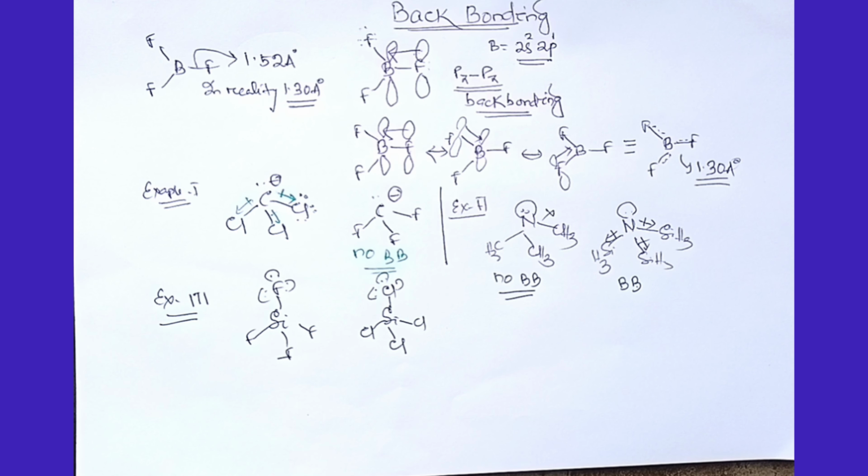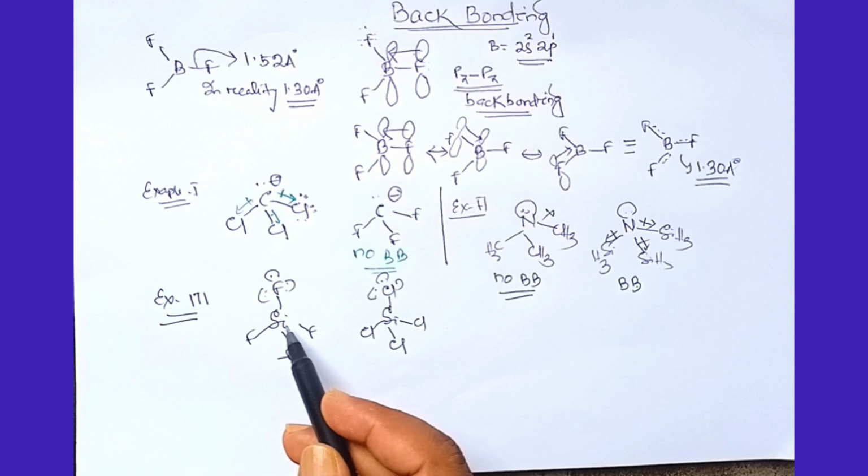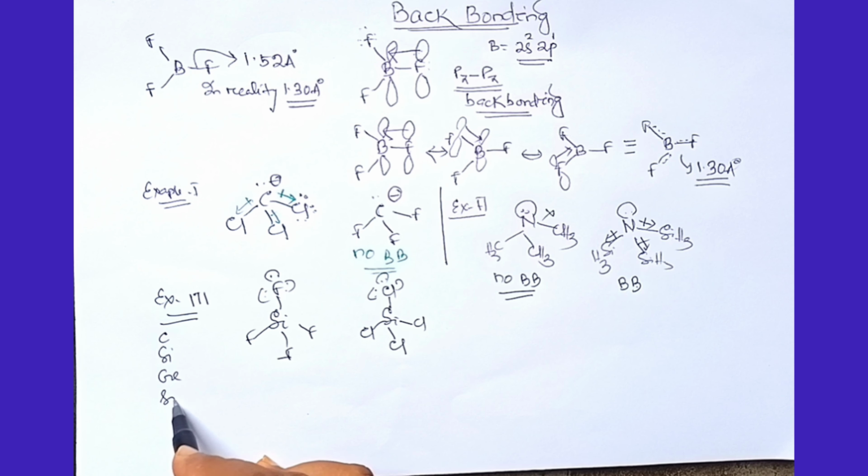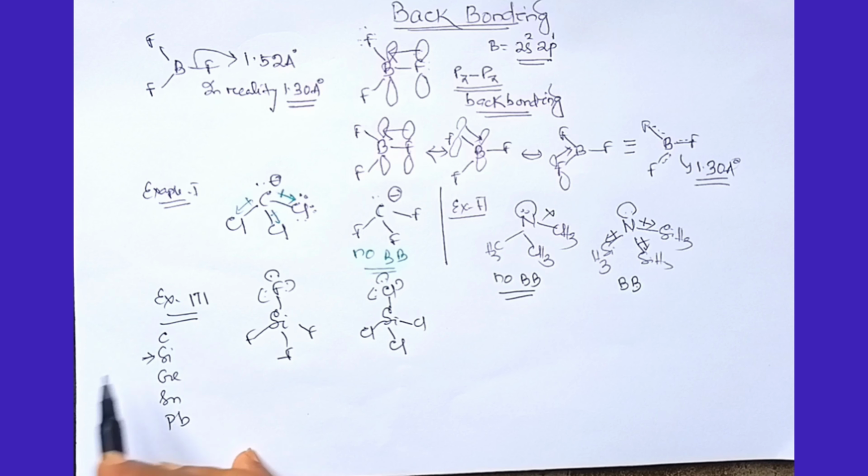So here silicon has the vacant orbital, because if you see the fourth group: carbon, silicon, germanium, tin, lead, it comes in the third period.